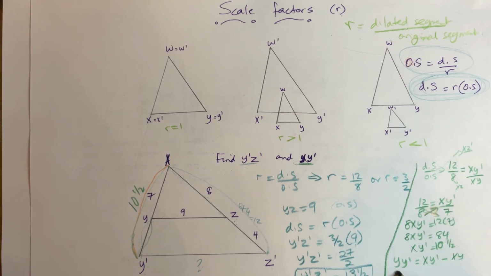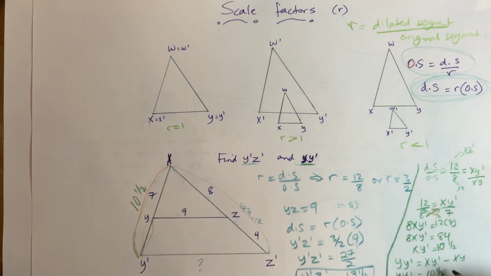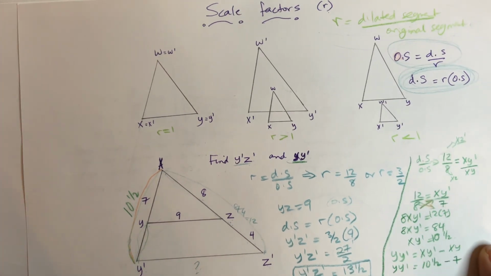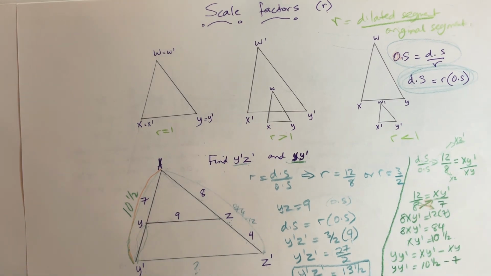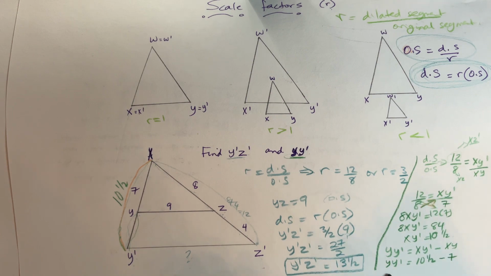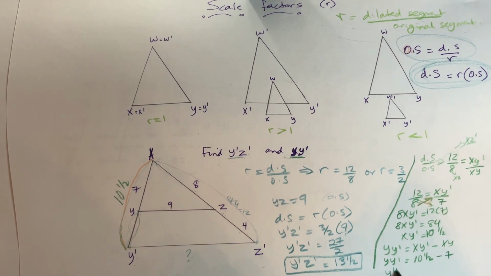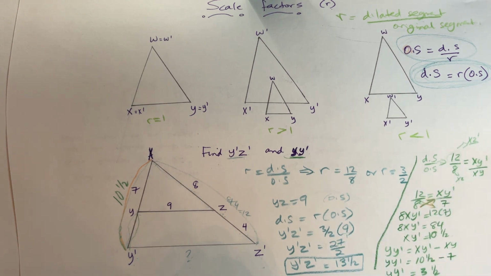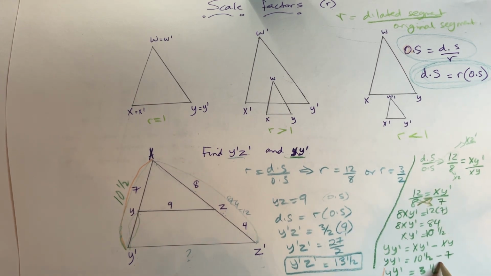So YY prime is equal to XY prime, which is 10.5, minus 7. So let's move this up so you're able to see. Sorry. So now you have YY prime is equal to 3.5. All right. And you just box your answer.